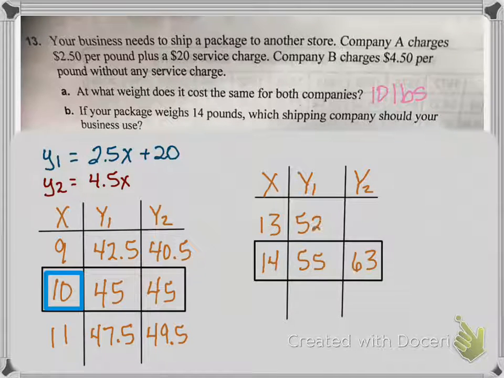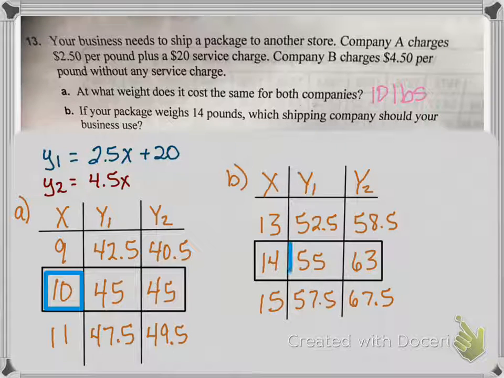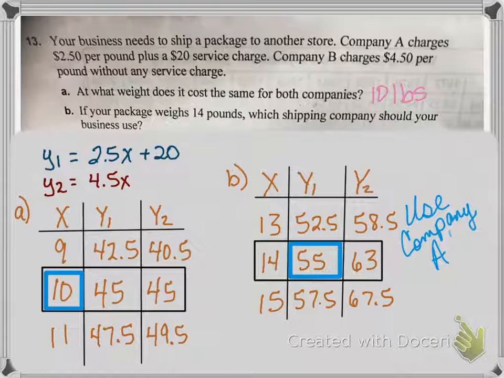So I look at where I have 14 for my x, and I have y1 is 55 and y2 is 63. Okay, and I put my numbers above and below, and at 14 pounds, $55 is less than 63. So I would say use company A.